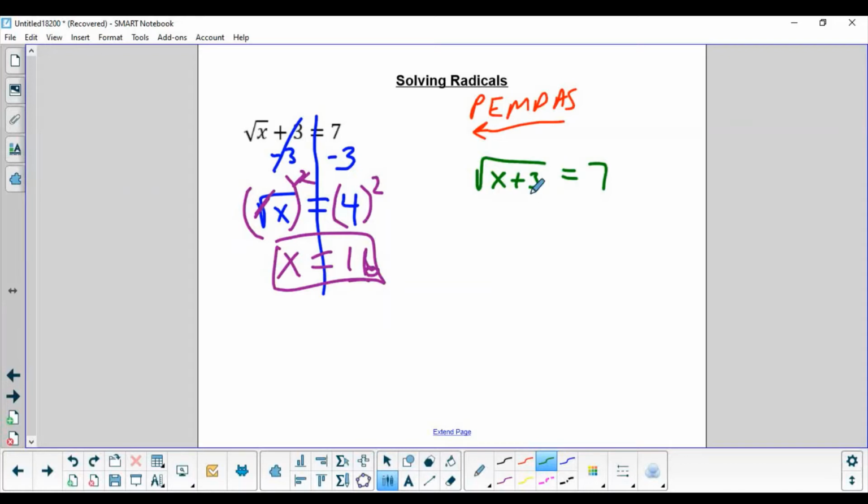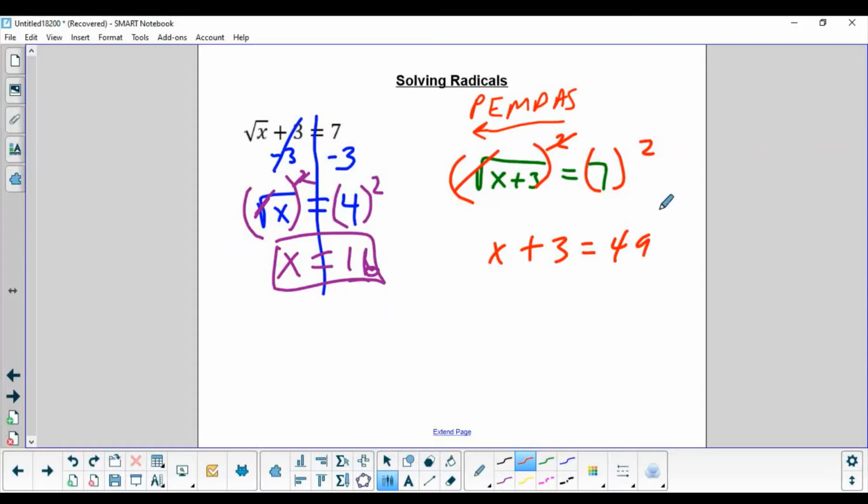When there's a number with x underneath the square root, you have to square both sides first before doing addition and subtraction. And why do you have to do that? Why can't you just subtract 3 from both sides here? The reason is that 3 is underneath the radical.